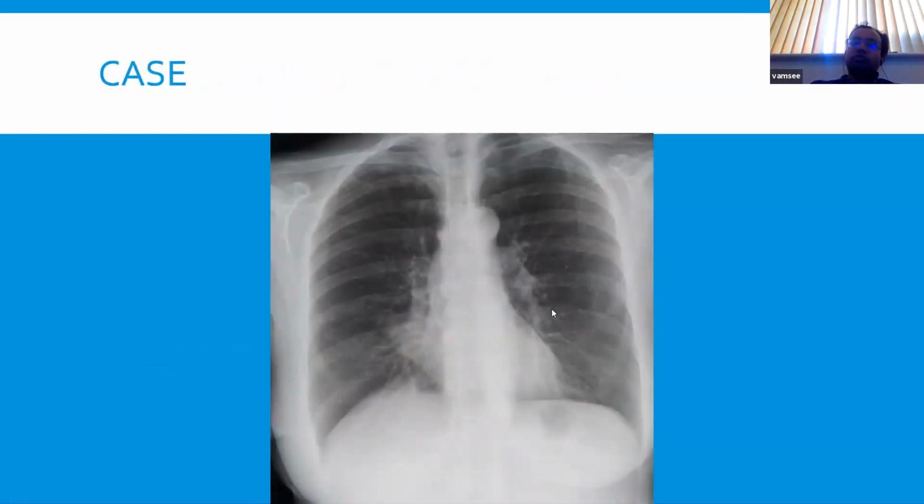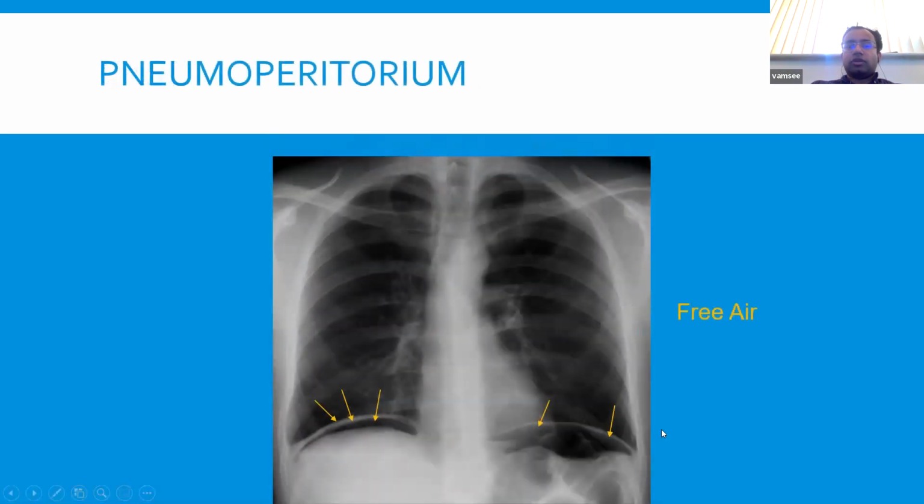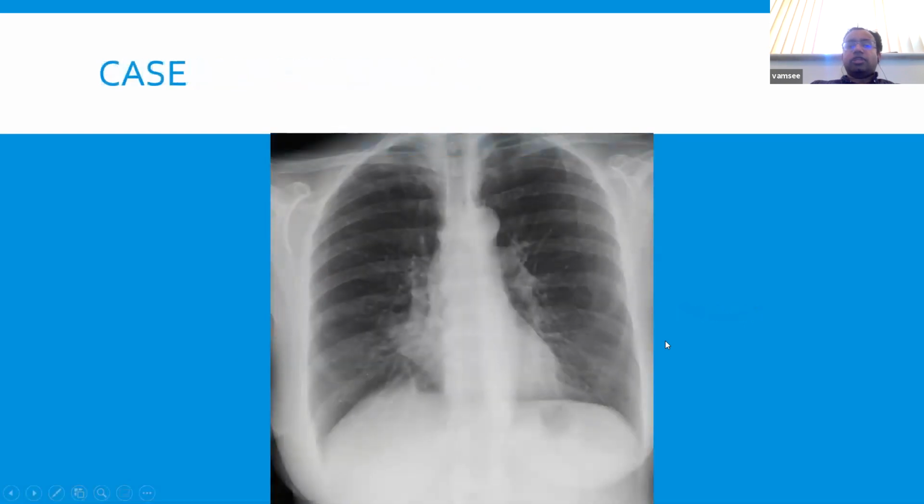I understand what you mean in that, yes, this is relatively well delineated, but if you draw a line going along there, you roughly expect the right heart border to go along that way. So if I go back to the previous one, you can see that is roughly here and along there. So this would be some kind of pathology in the right middle lobe, with loss of the cardiac silhouette here.